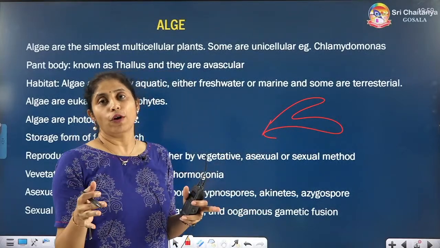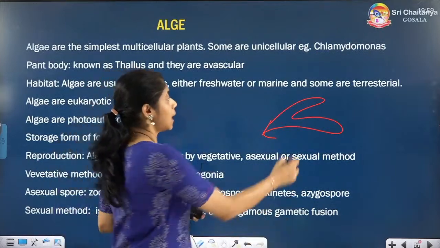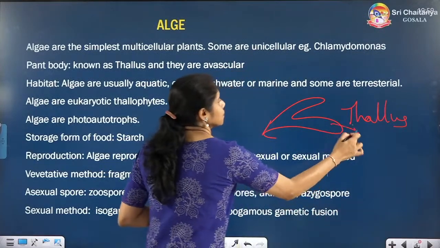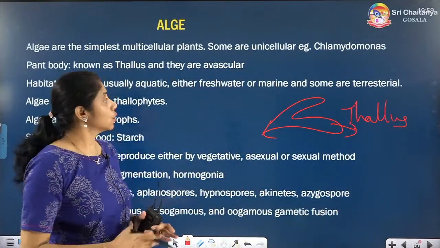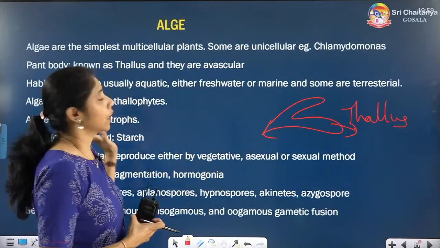The simplest, primitive forms have a plant body called the thallus. Can you see root, stem and leaf? Nothing. Such thalloid forms are called algae.